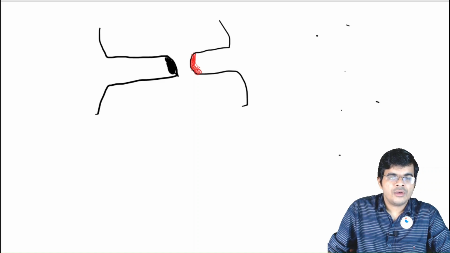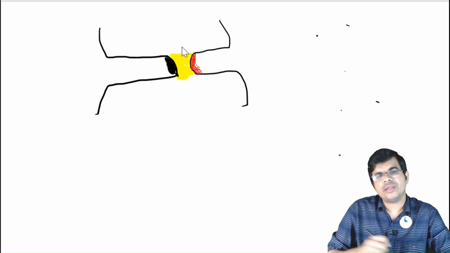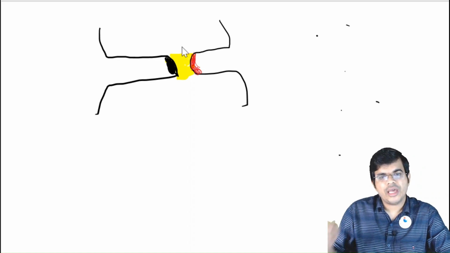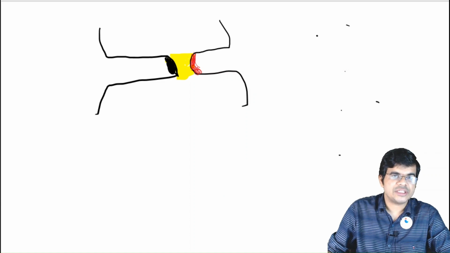What is the structure which forms a partition between the external auditory canal and the middle ear? It is the tympanic membrane, and yes, the tympanic membrane consists of all three germ layers.